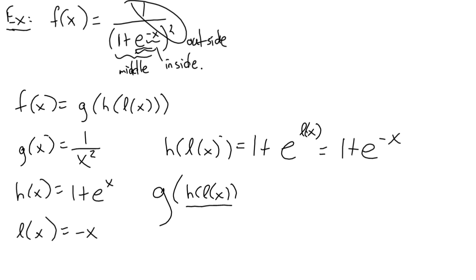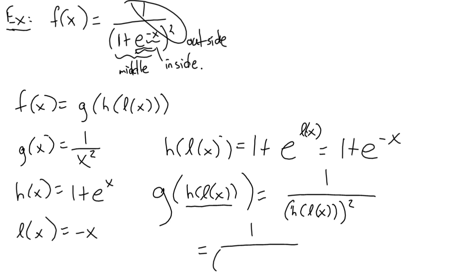So I want to think of h of L of x as the input for g. What g does is it flips it upside down, and then it squares it. So this should be 1 over h of L of x squared, which it is. It's 1 over h of L of x, that's this. So 1 plus e to the minus x squared.